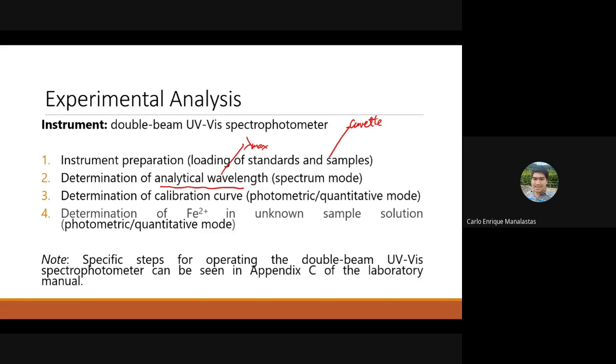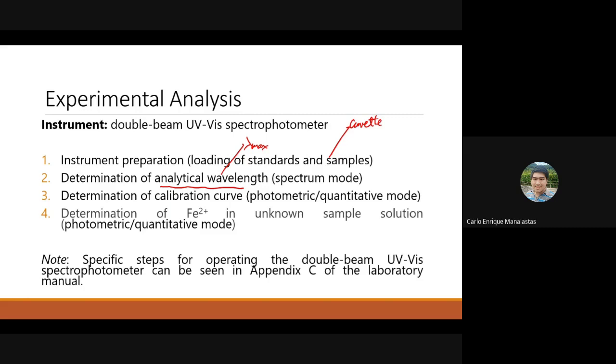Then once you've determined the lambda max of your sample, you could now set it into your instrument and generate your calibration curve by measuring the absorbances of your prepared calibration standards. You can do that by using the photometric or the quantitative mode of the UV-Vis instrument.